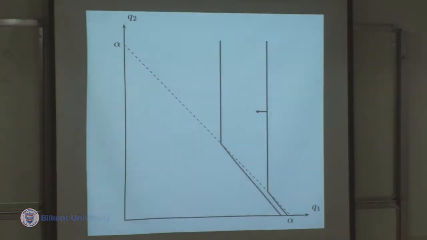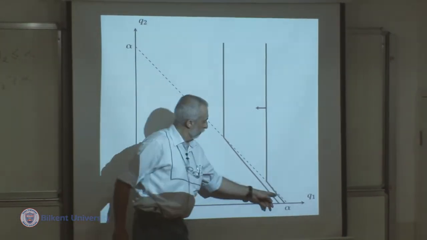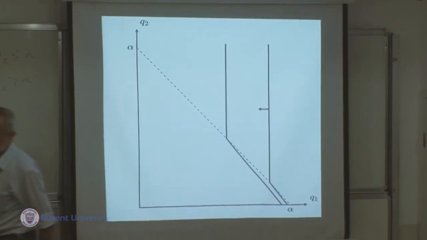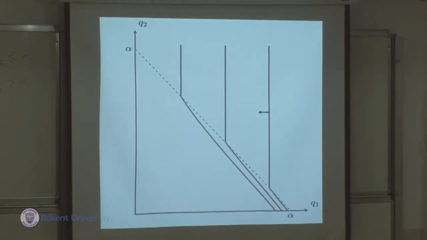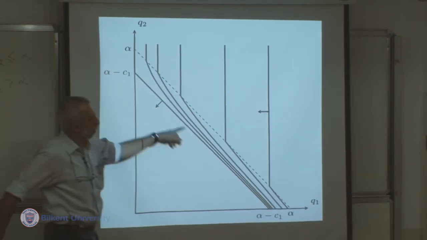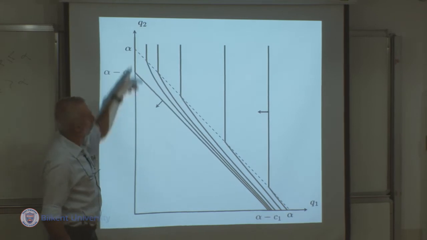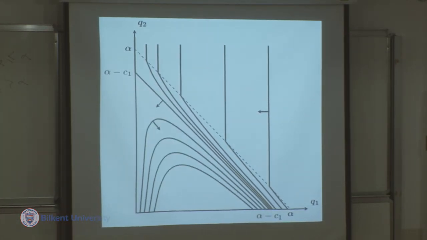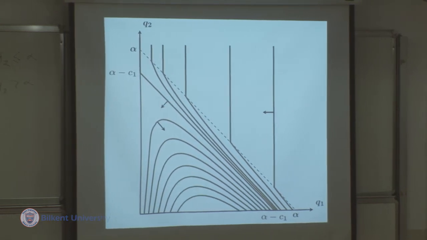Any questions? These are profits, so it starts with a very large loss, okay? And then as we move on, the loss decreases, decreases, decreases. This is where the loss is equal to 0 on this indifference curve. And then as we go on, profit increases.